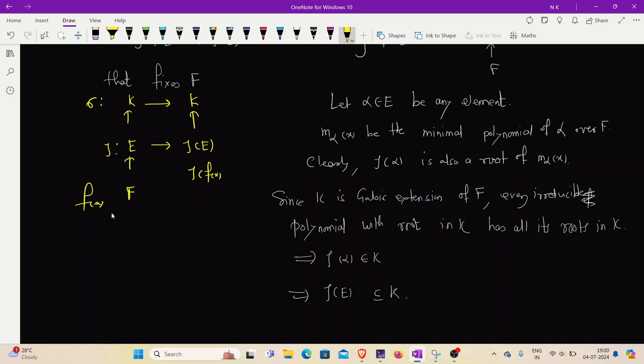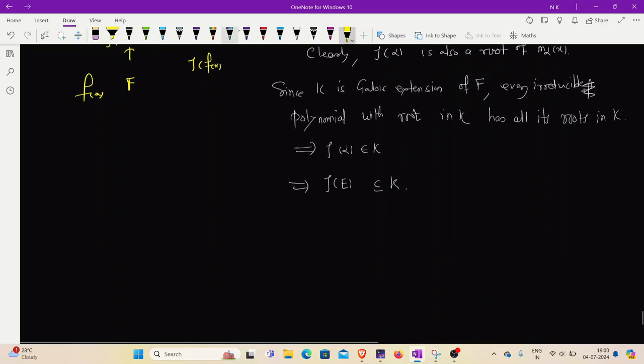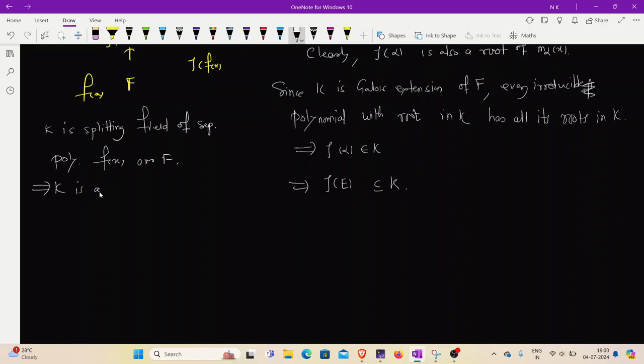Okay, so this shows that, or we can mention these facts here: K is a splitting field of a separable polynomial f(x) over F. So this implies K is also a splitting field of tau of f(x) over F, right?